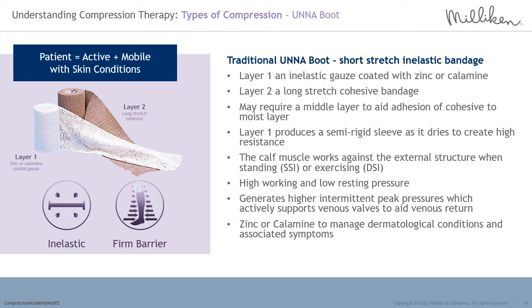Traditionally, a pleated application method is used and can be very time consuming to apply. This has led to new innovations being developed which utilise a slightly more extensible layer 1 material, allowing a more simple spiral application method. The gauze is coated with the zinc or calamine, therefore application can be very messy.